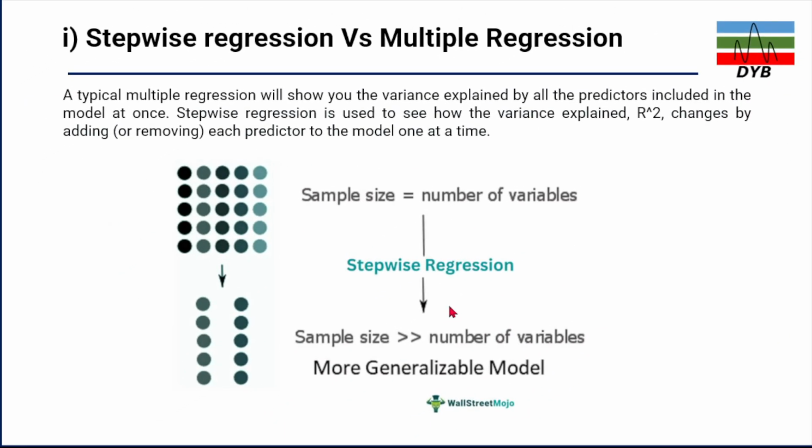In the simple steps, you have the number of sample data and the number of variables. In stepwise regression, normally you find the best sample which you think is better for you. So this is coming from here and this is coming from here. Normally your sample size is greater than the number of variables, which gives a more generalized model.